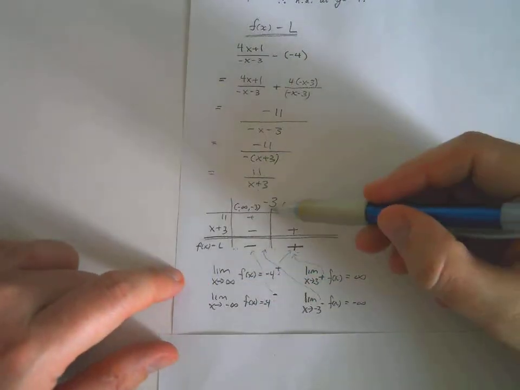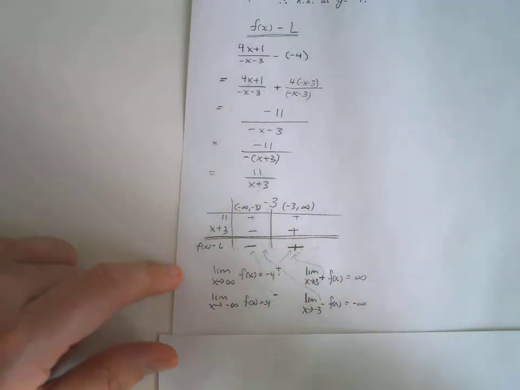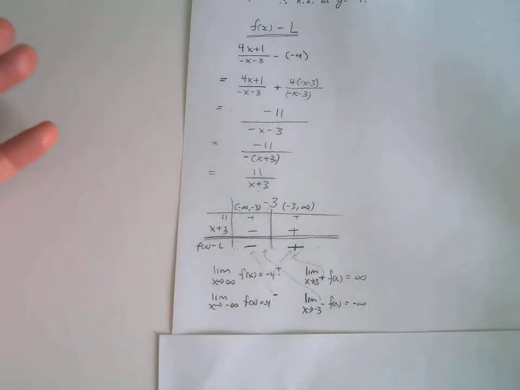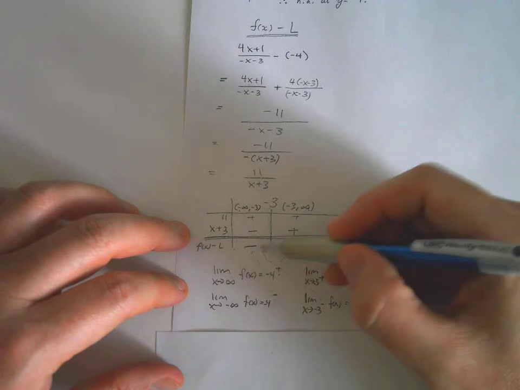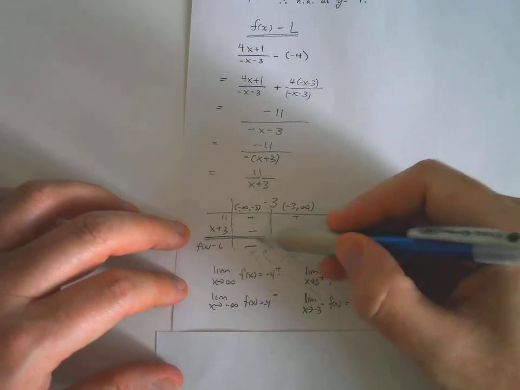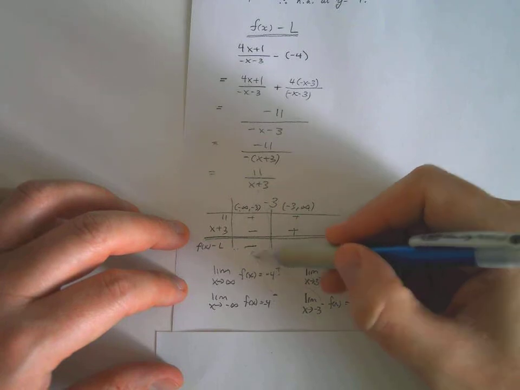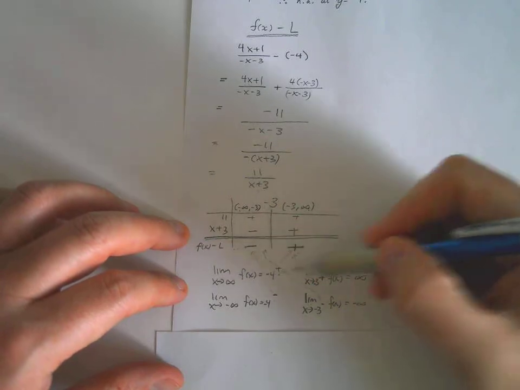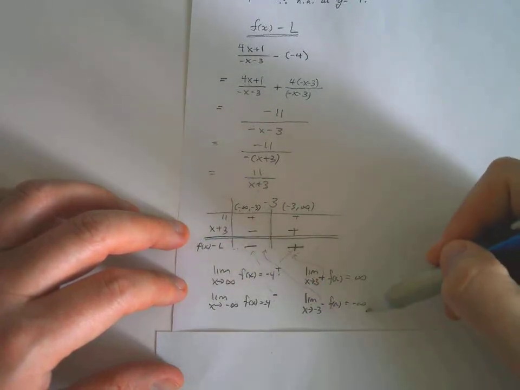But here's the vertical asymptote, and here's an extra way of doing it. This chart actually tells me what's going on here too, because on this side of it, in order to stay below the asymptote, I would have to go down the vertical in order to stay below the horizontal. So I know that I'm going down towards negative infinity.